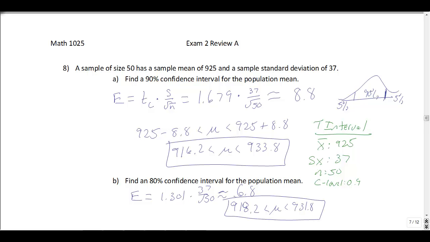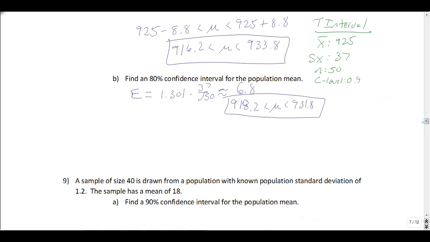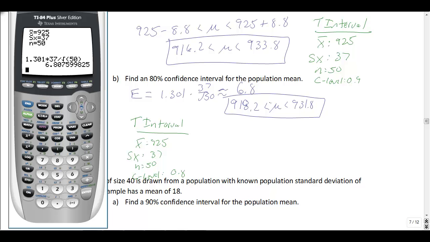So that works out. Or I can just use t interval here, and I'm going to put in x bar is 925, sx is 37, n is 50, and my c level here is now 0.8. Then I want to write down the interval at the end.